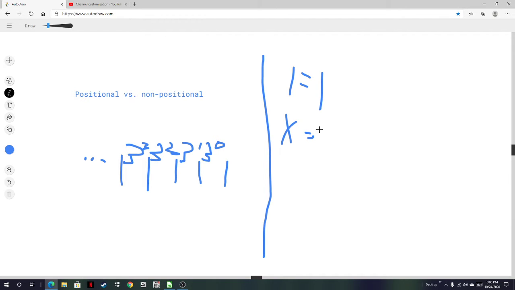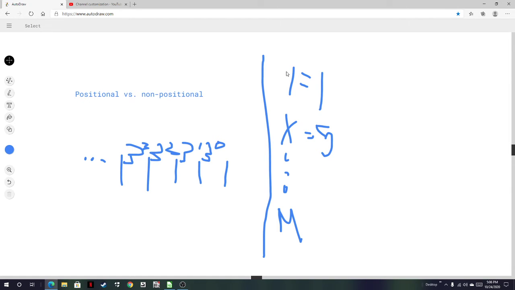I equals 1, V equals 5, X equals 10, and so on, until you get to M. So positional is where you have B to the 0th, B to the 1, B squared, B cubed.